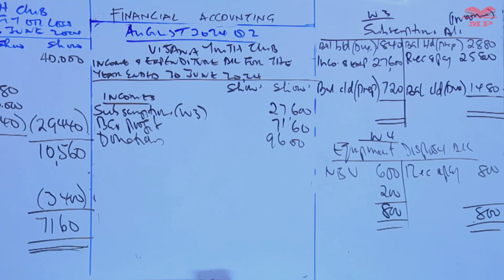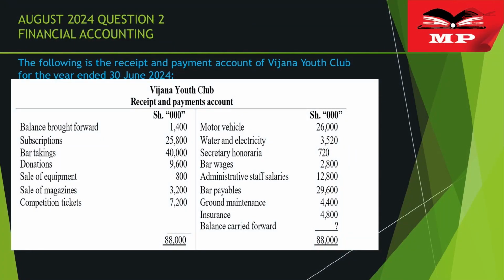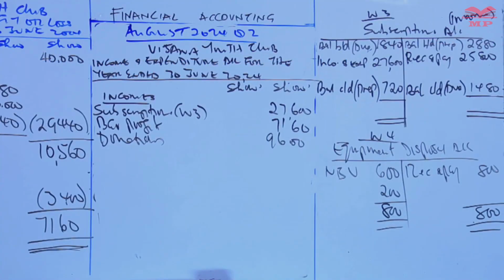Now let's move on. We'll come back to that. Do you have any other income? Look at the debit side of the receipts and payment. We have donation, sale of equipment, then there is sale of magazines, 3.2 million. There is no additional information on sale of magazines. Then we also have competition tickets. There is no additional information on sale of tickets.